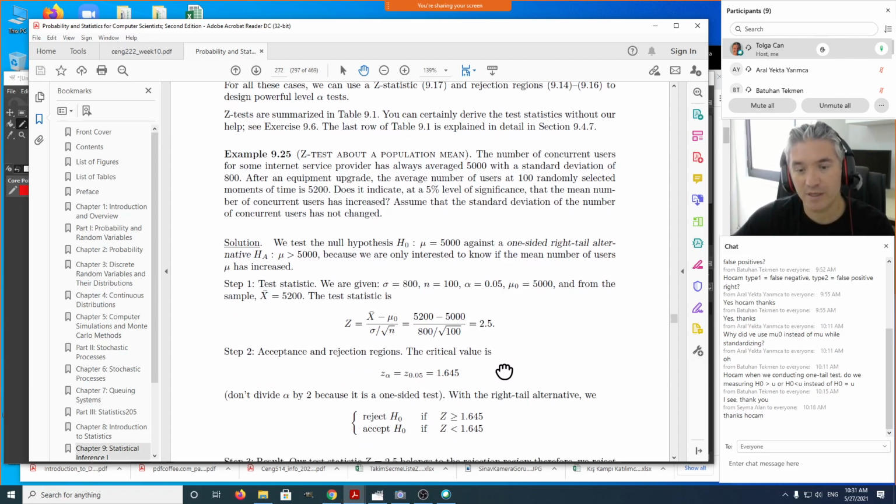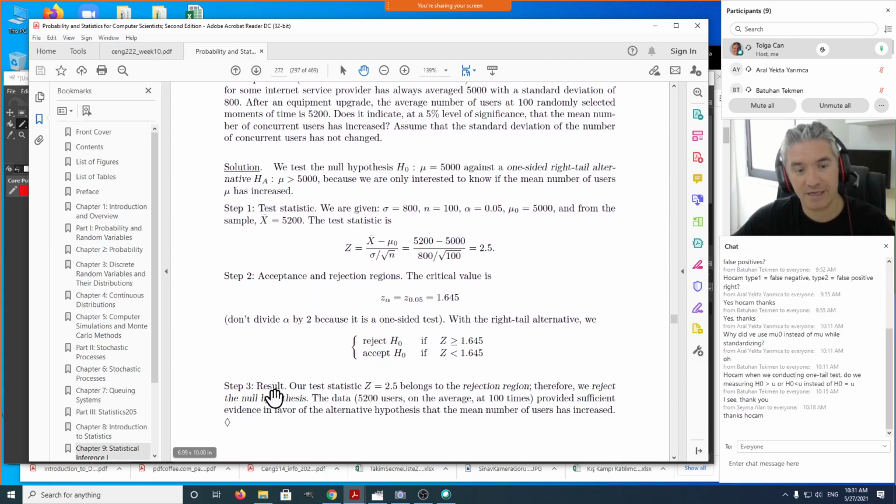So we reject H0 in favor of the alternative hypothesis, which means that the sample that we collected indeed indicates an increase in the average number of concurrent users. So that's our step 3.